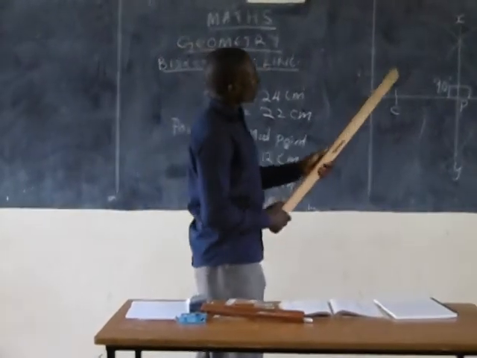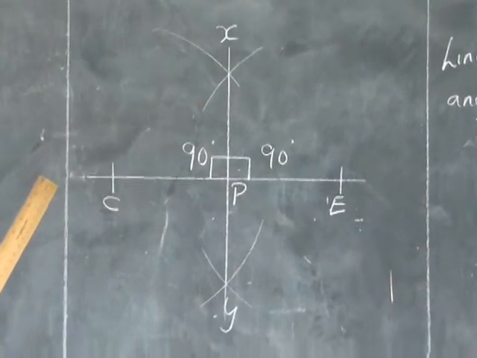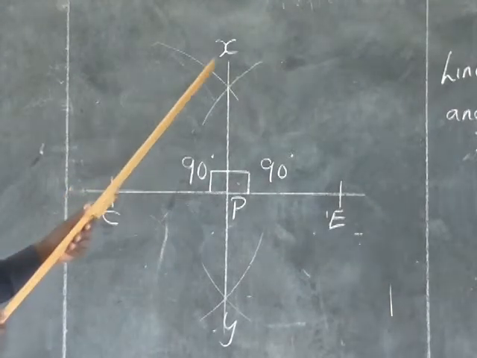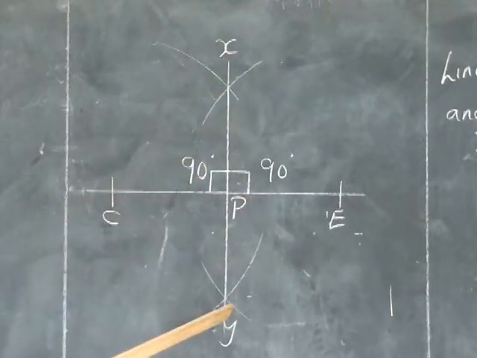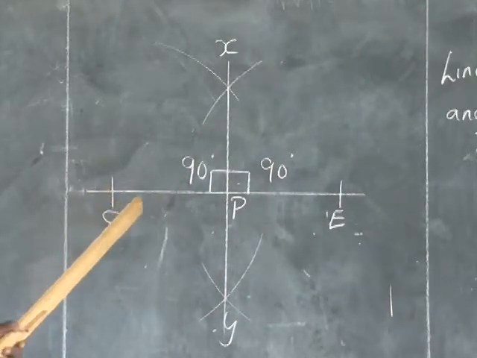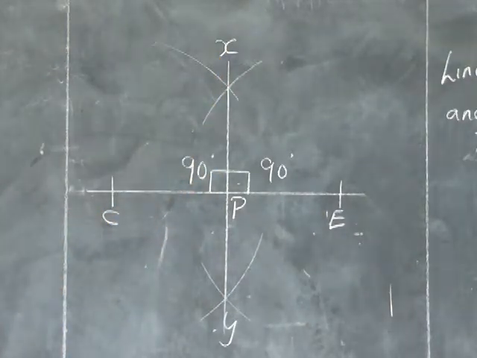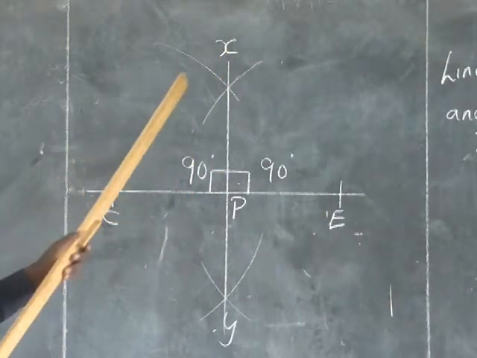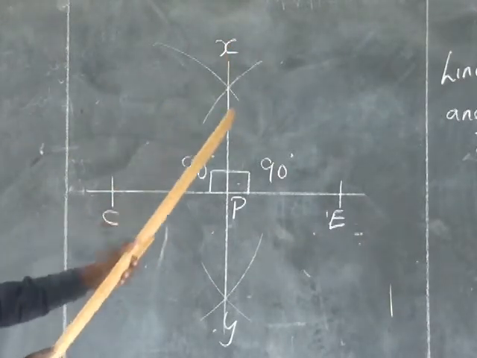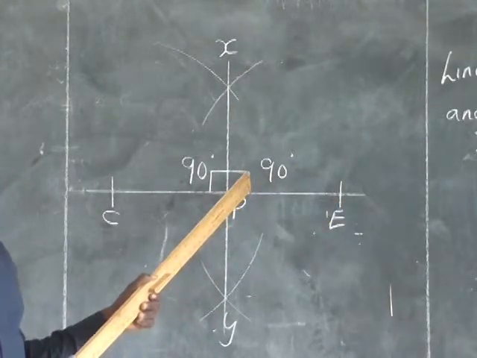So, from our construction, with the figure we have on our blackboard, you realize that XY meets line CE at a right angle. Therefore, angle XPE is 90 degrees. Why?